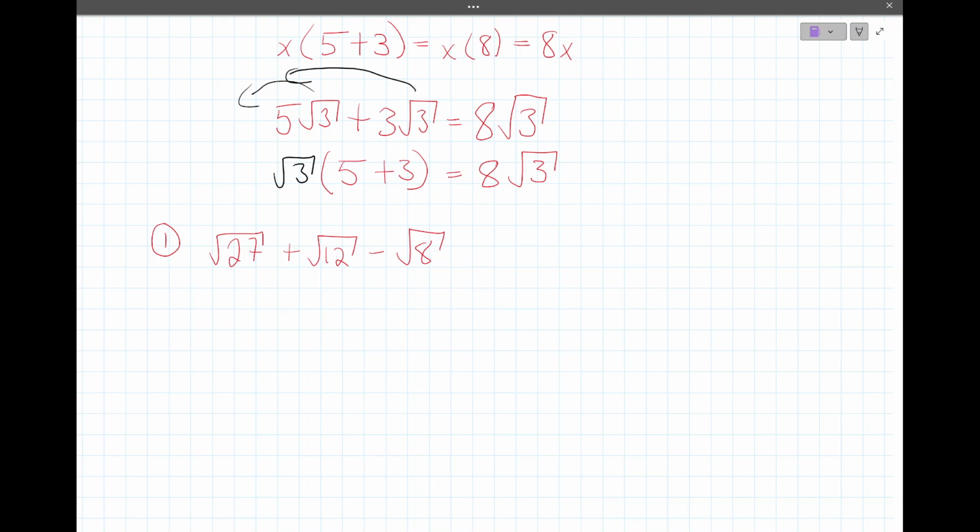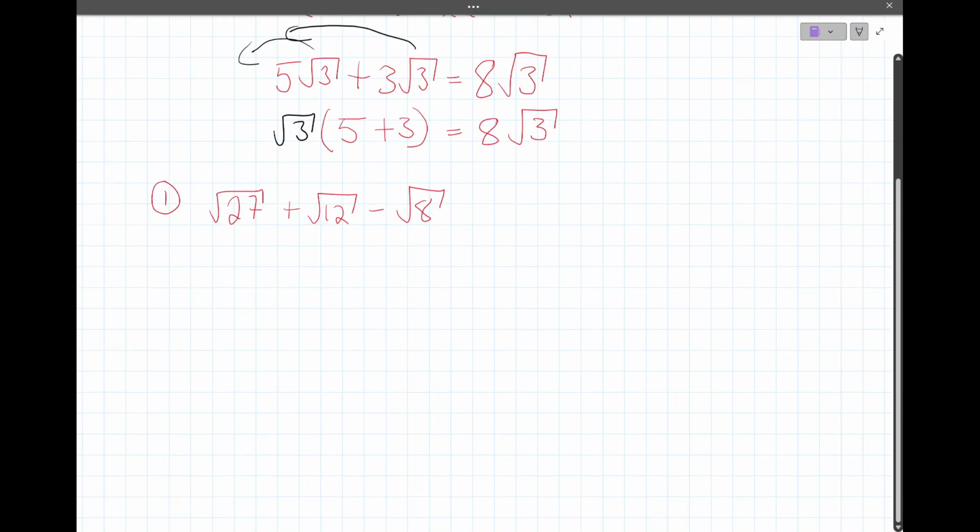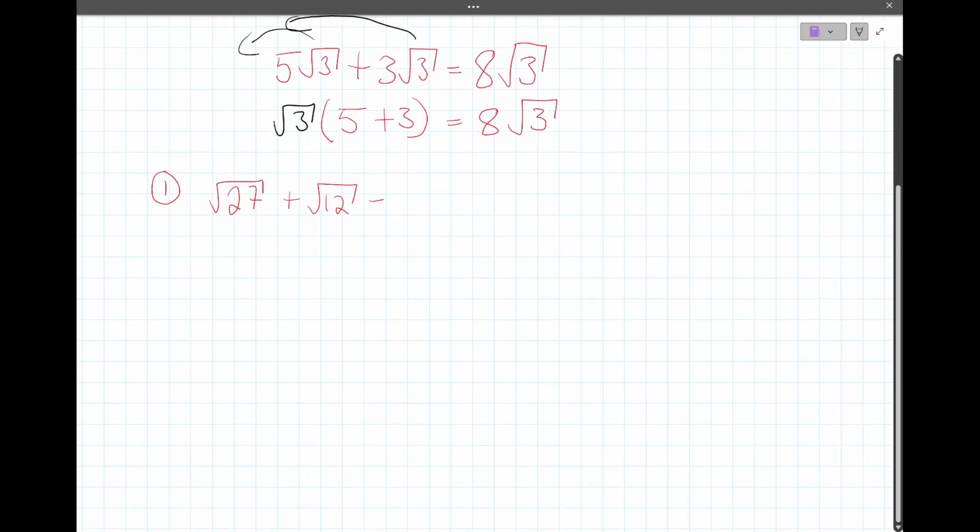Pause the video, stop, and try it yourself till you get to the answer. But don't just go, I don't get it, so I'm not going to watch the rest of the video. If there's a step you don't get, try it out till you do understand the step. Try it yourself. Call a friend. Pause the video. Ask me on Teams. Do what you need to do, but get to the point because I'm going to go a bit quickly now.